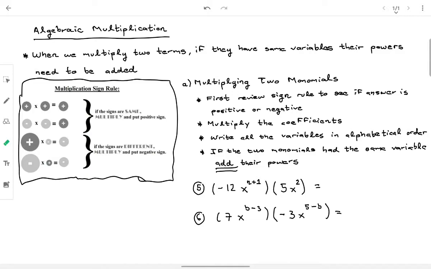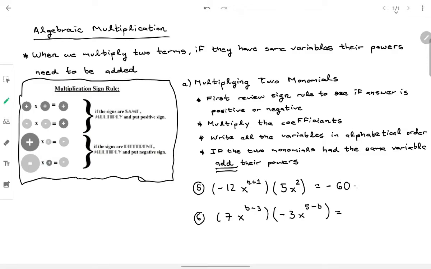So the first thing is that we need to see if the answer is going to be positive or negative. In this case, negative by positive, it's negative. 12 times 5, it's 60.